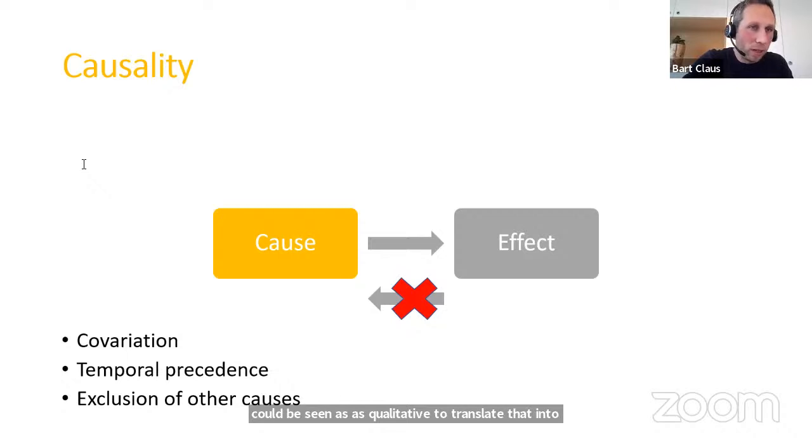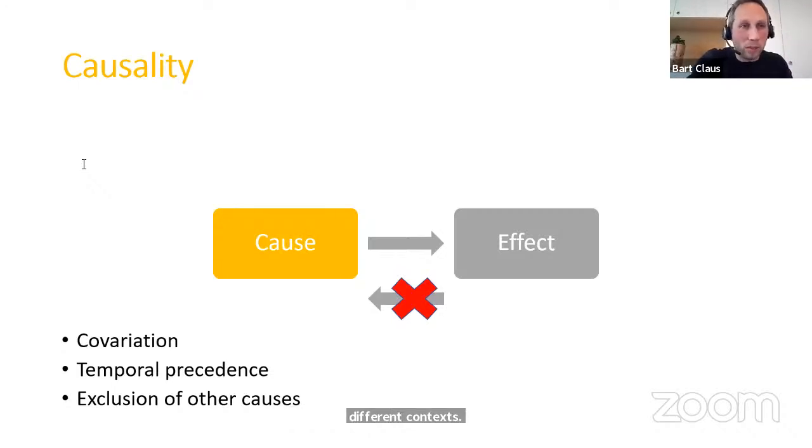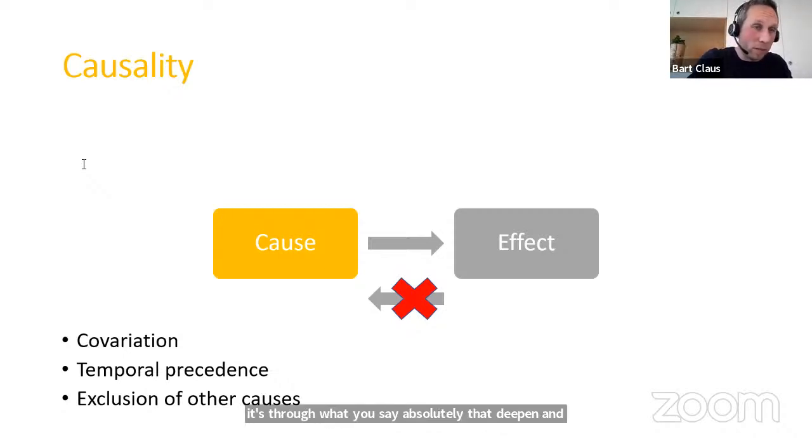So literally thousands of scales exist to measure people's experience in different contexts. And those results are then quantitative, right? Because it's true what you say, absolutely, that dependent measures need to be quantitative in some way, or we need to translate them into something quantitative. Is that an answer to your question?